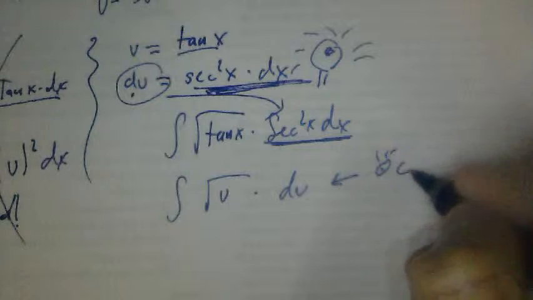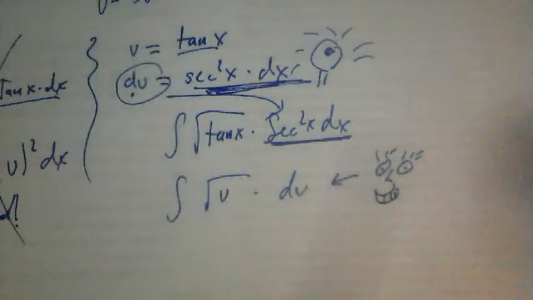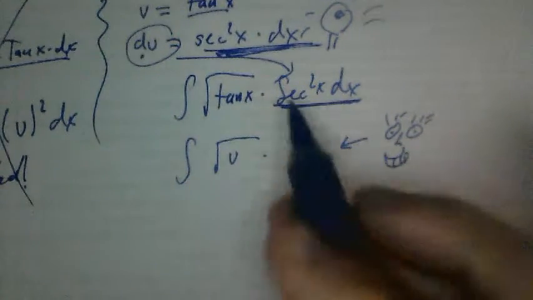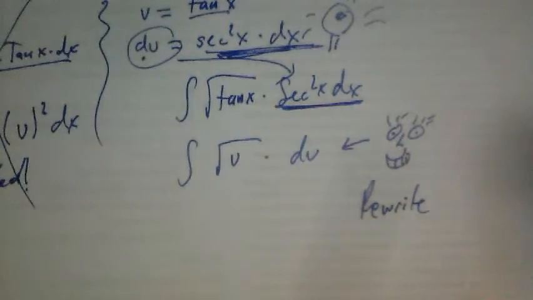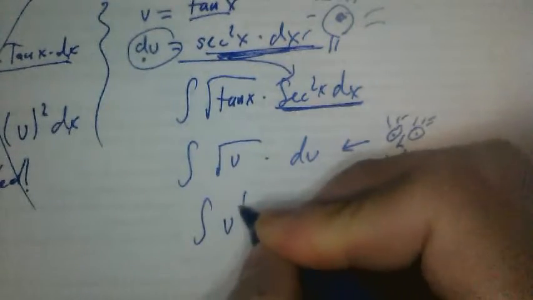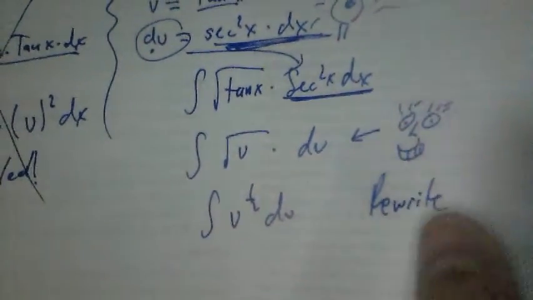I'm going to rewrite this so I know the exponent: u to the 1/2 du. I'm going to anti-differentiate, and the rule is we add 1 and then multiply by the reciprocal. Oops, sorry, I messed up here.